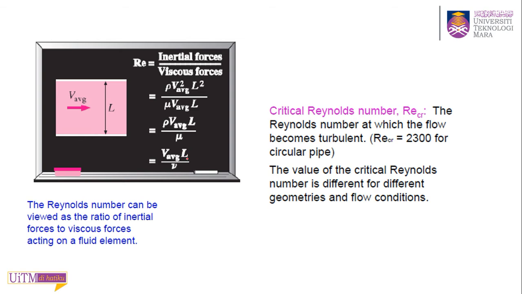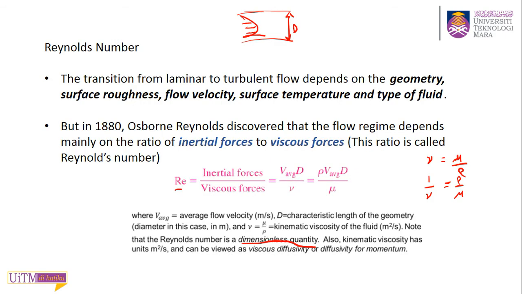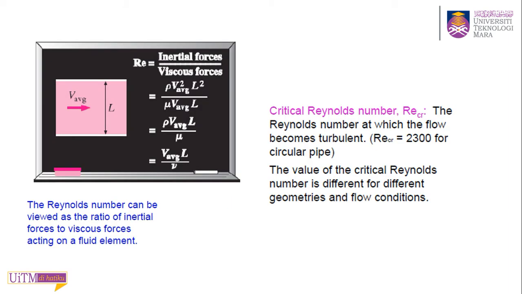We don't need to know how he derived it, but if you are curious, you can Google and find how he came up with this equation. As laymen, we just use his discovery to calculate the Reynolds number. So this is the equation for the Reynolds number.